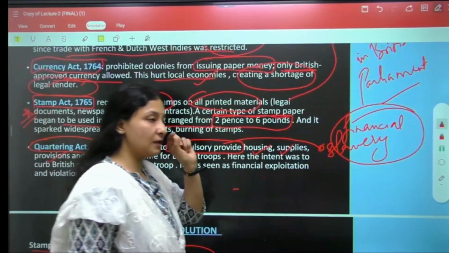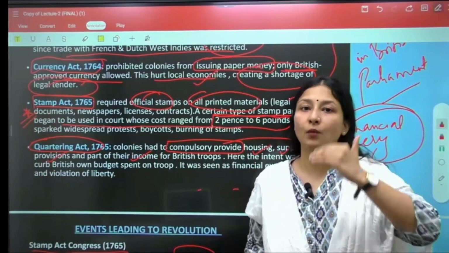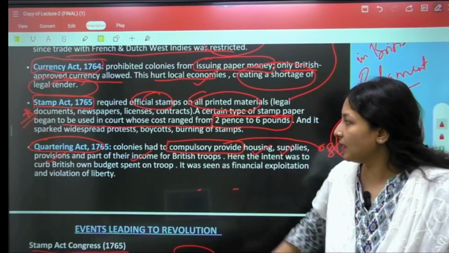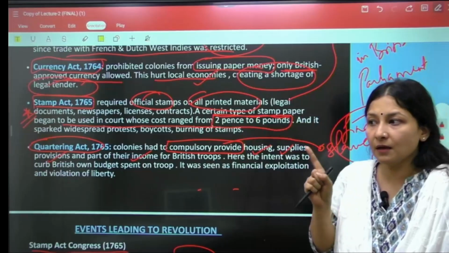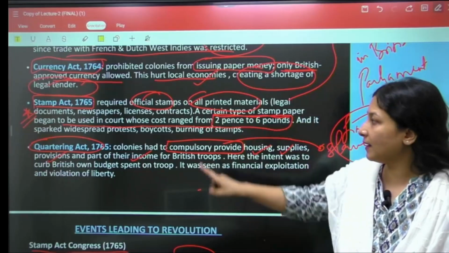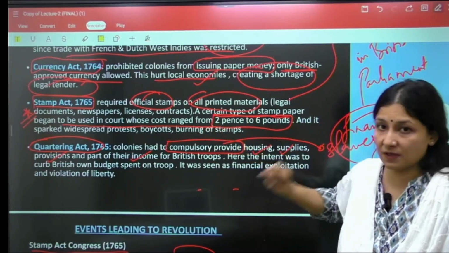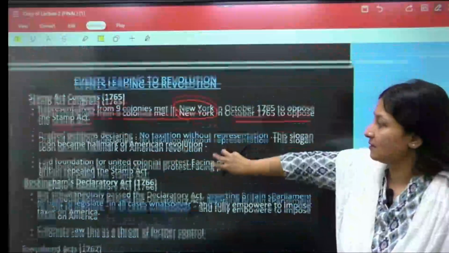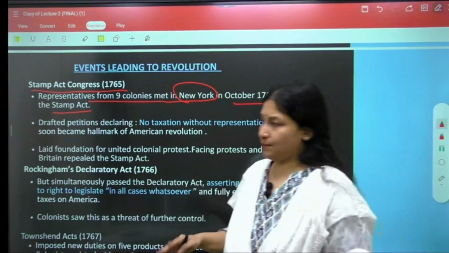That official material which was being used in the court had to be of a certain type, and that material you have to buy from the British, which ranged from 2 pence to 6 pounds. Now this is too much exploitation.